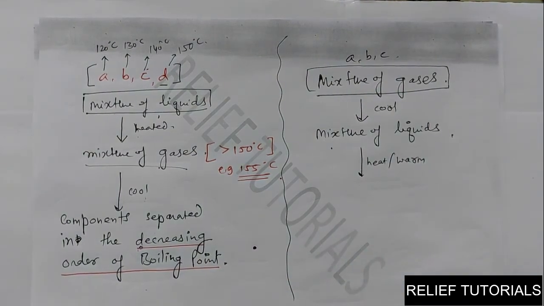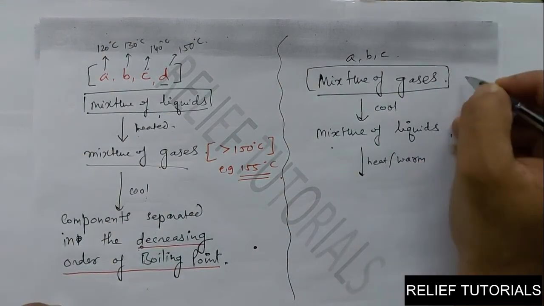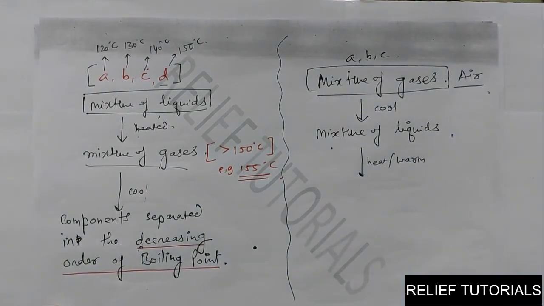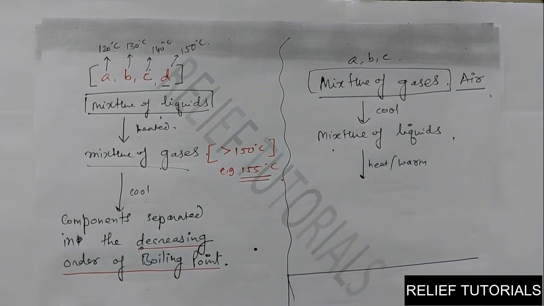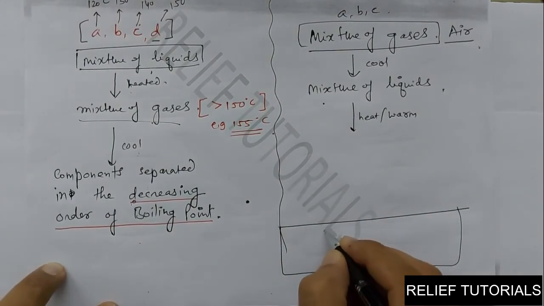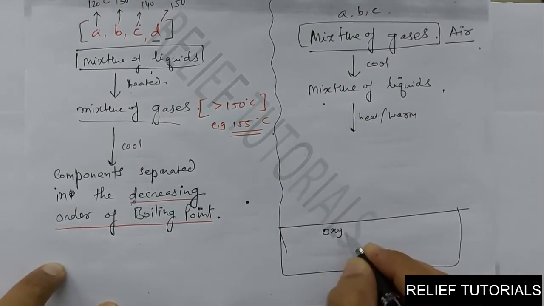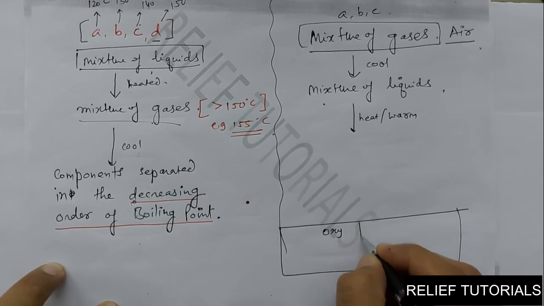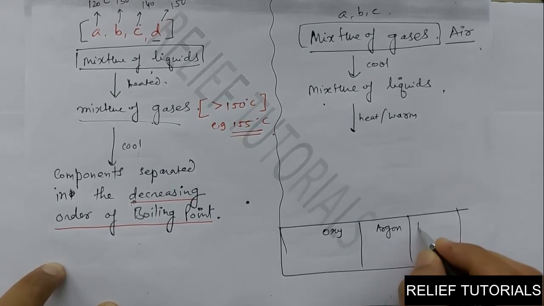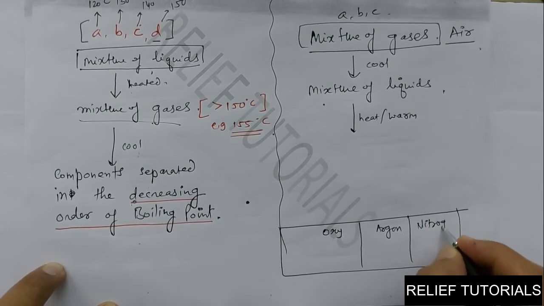Let's take a live example, the real example. Let us say I have a mixture of gases, let us say air. We know the air is a mixture of gases. Let us take 3 gases only: oxygen, argon and nitrogen.